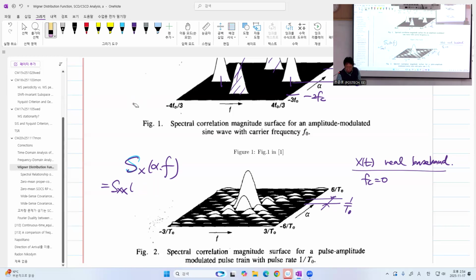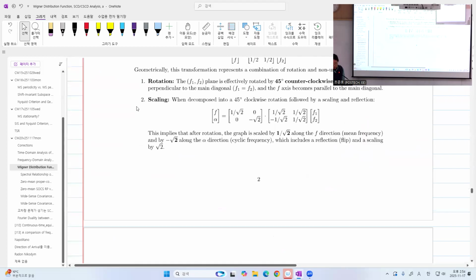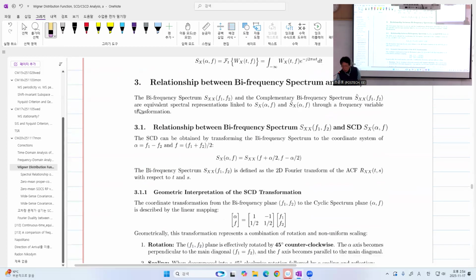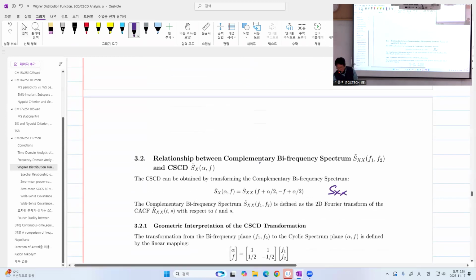So let me give you the result. The order is very, very messy. So here, you already know the bi-frequency spectrum of random process X and the complementary bi-frequency spectrum, right?